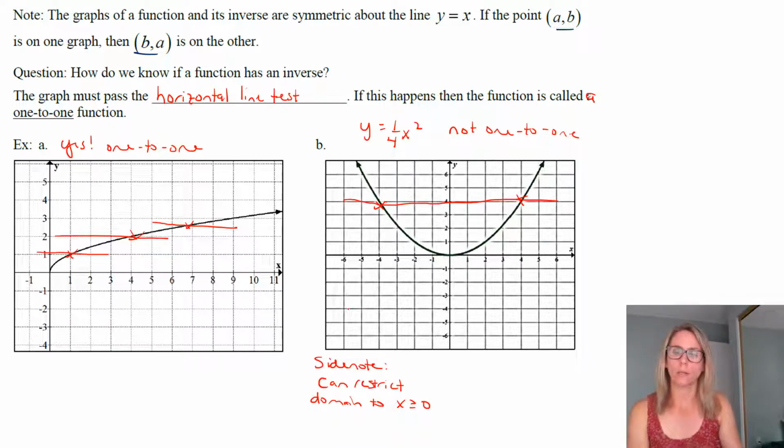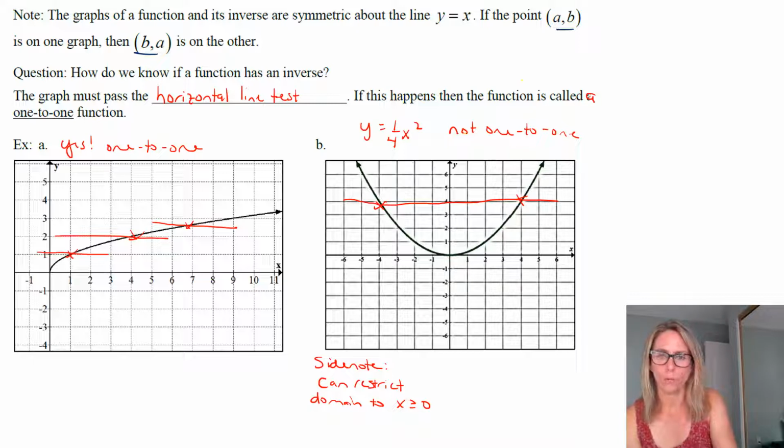So the idea would basically be to cut that parabola in half, and then find the inverse for half of it.